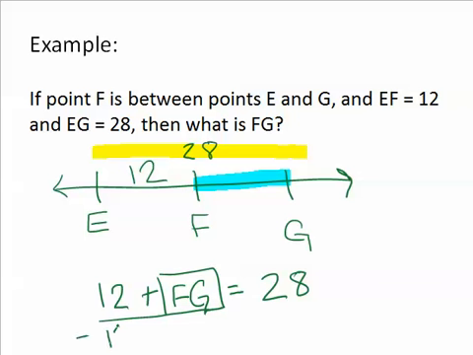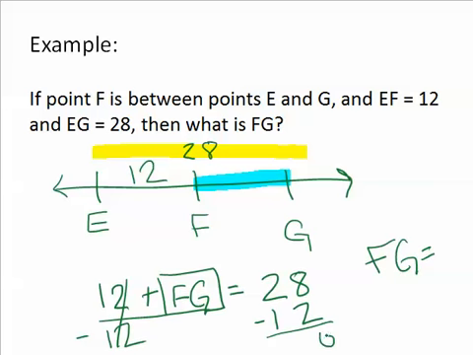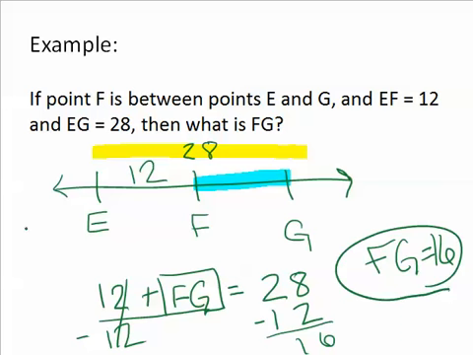To get rid of positive 12, I'm going to subtract 12 from both sides. So FG equals 28 minus 12, which is 16. And there's your answer. We just set it up like an algebraic equation. Still going to use that algebra here in geometry. And there you go.